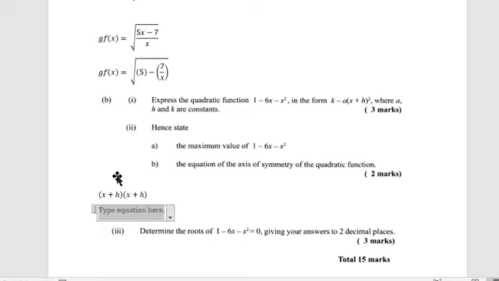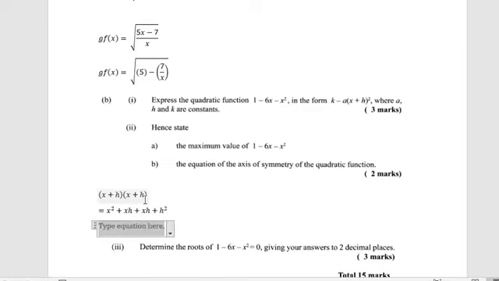It will become x multiplied by x to give us x squared, and x multiplied by h to give us xh, and then h multiplied by x to give us, again, xh, and h multiplied by h to give us h squared. And then what we'll have is x squared plus 2xh plus h squared.